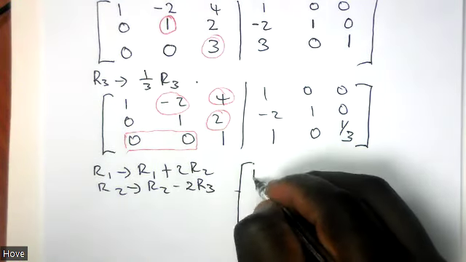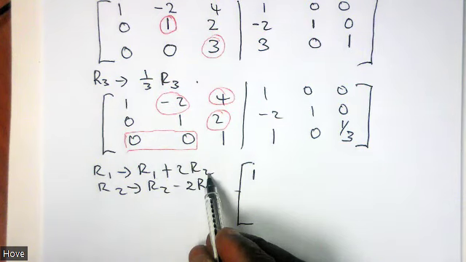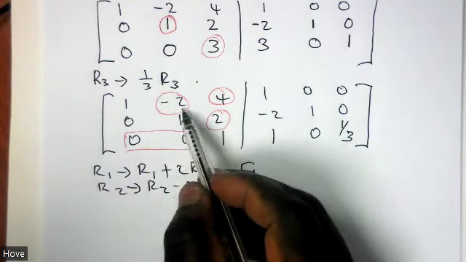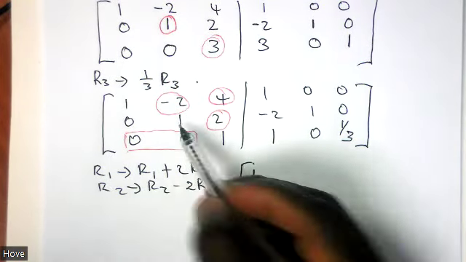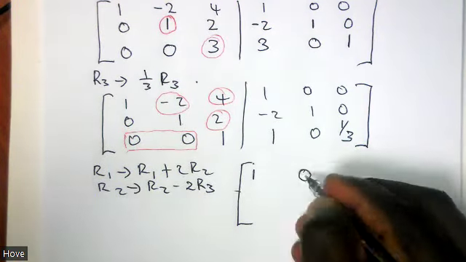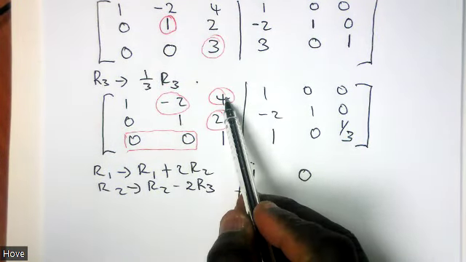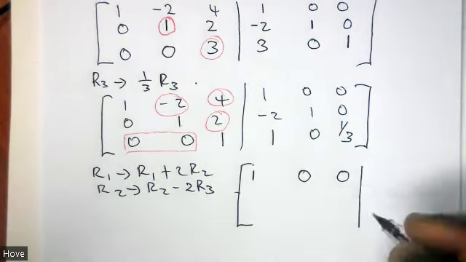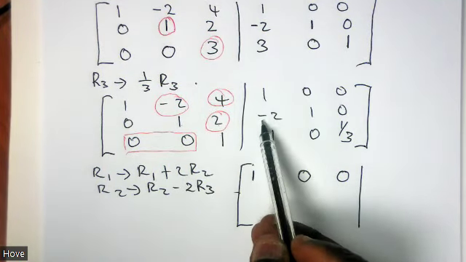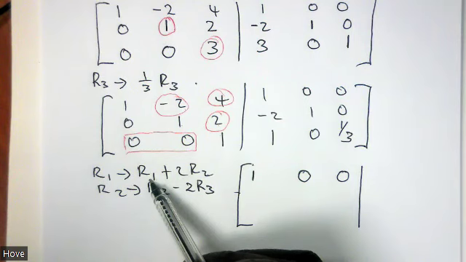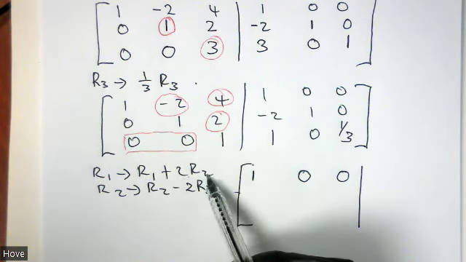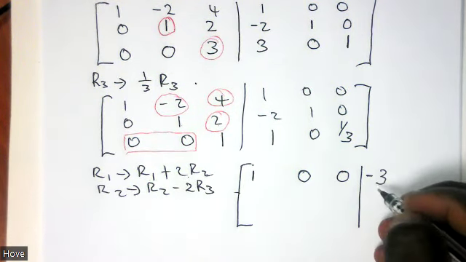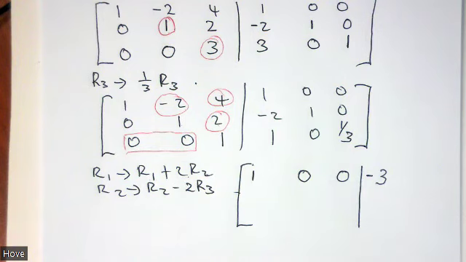This remains 1. Row 1 plus 2 times 0 is just 1. Minus 2 plus 2 times 2, minus 2 plus 4, is 0. 4 minus 2 times 2 is 0. Then 1, and 1 minus 2 times 2 is minus 3.